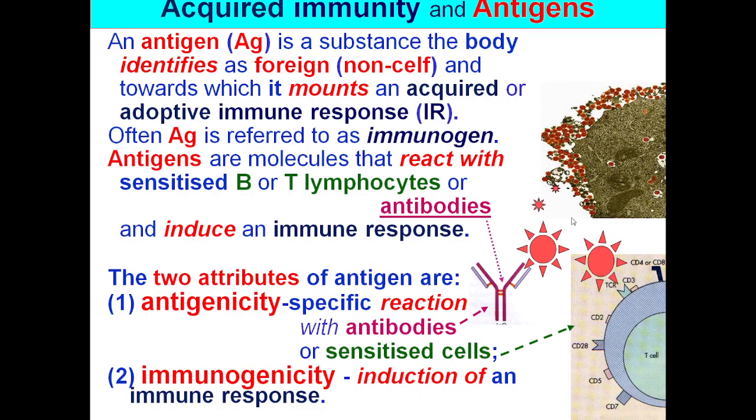Well, very quickly, let's repeat. Acquired immunity and antigens. Antigen is a substance that body identifies as a foreign and towards which immune response is mounted. Antigen has many properties, but in the lower part of the slide you see two properties that we will discuss, antigenicity and immunogenicity, very important characteristics of antigens. Enough size, this molecule must be large.